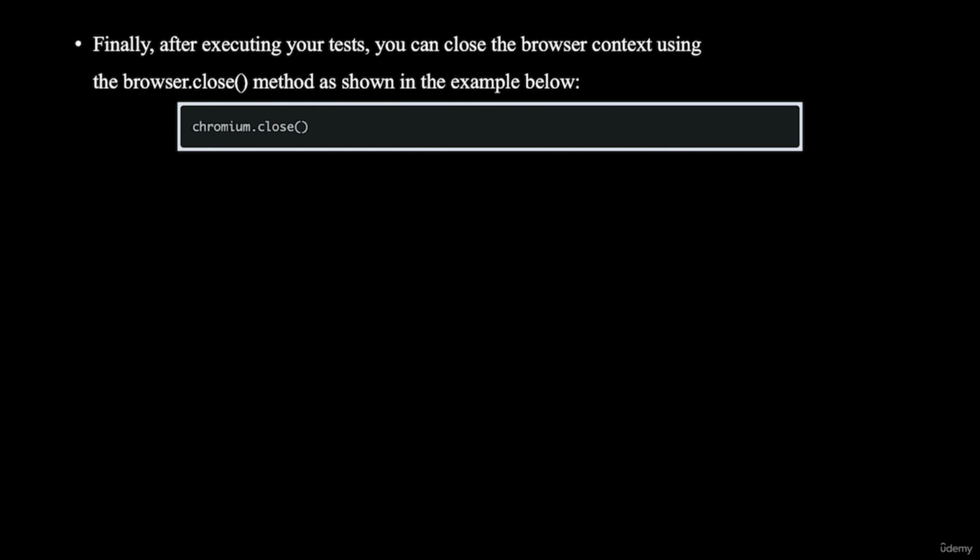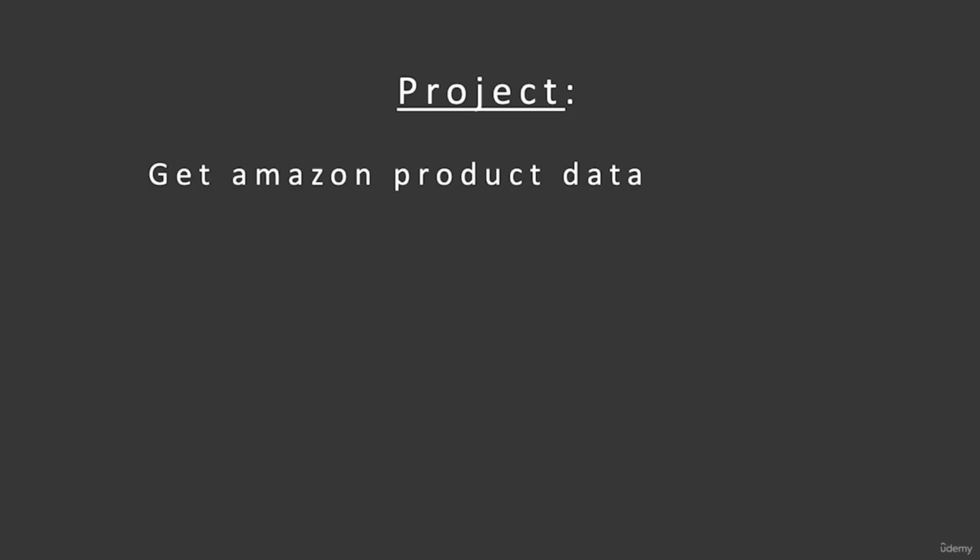Now next up, we'll look at a practical example, really to get a practical understanding of Playwright. So the following Python program uses the Playwright library to extract data from Amazon's website.